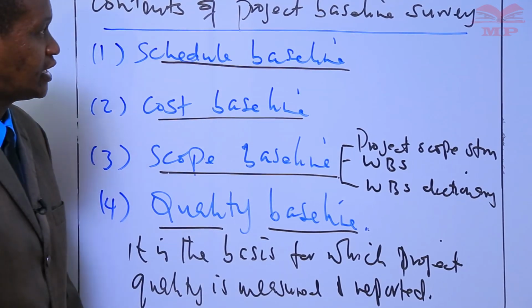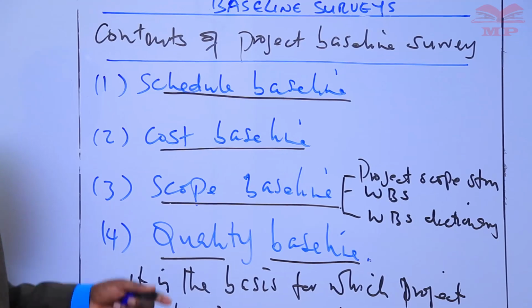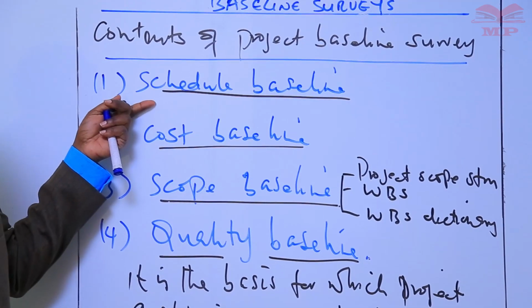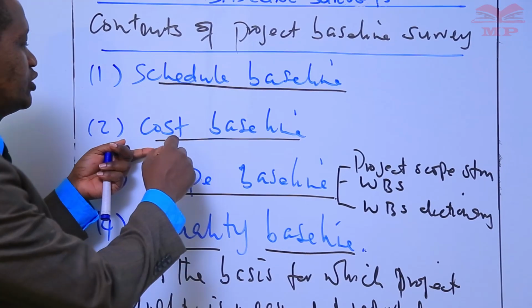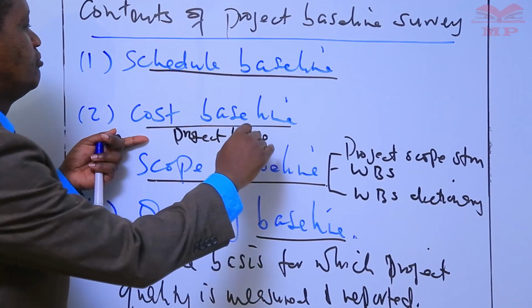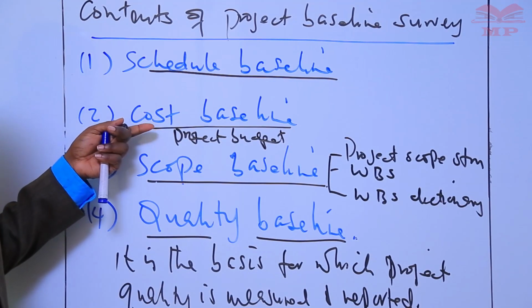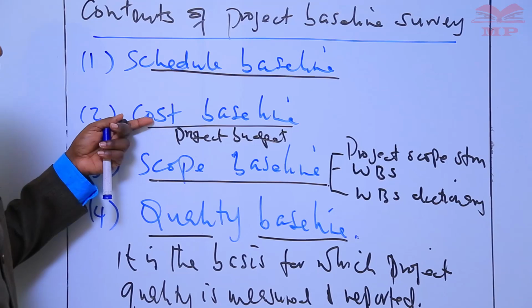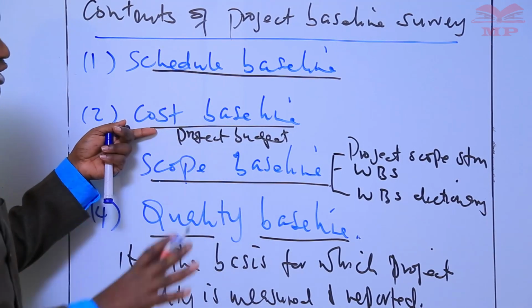All right, so these are the contents of project baseline survey. We have the schedule baseline, the cost baseline, which translates into the project budget. It is on the basis of the cost baseline that the project expenditures are measured.